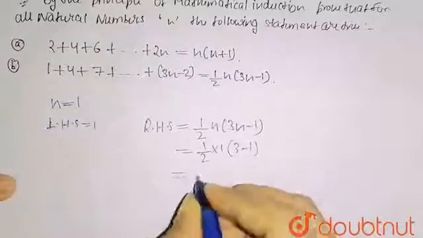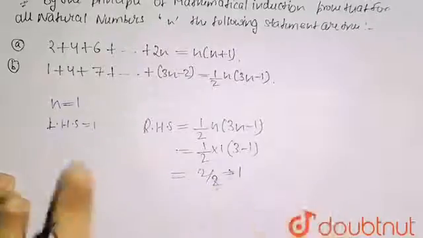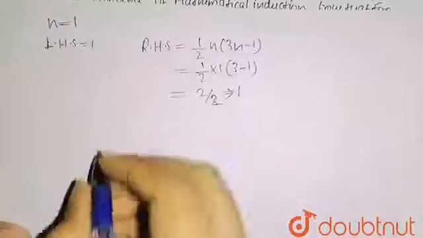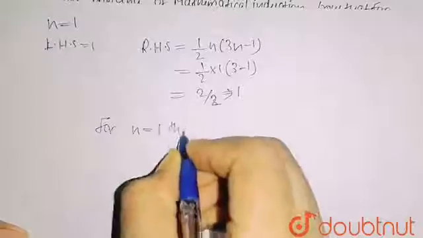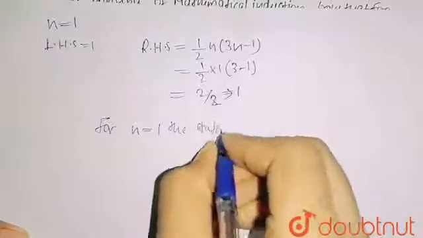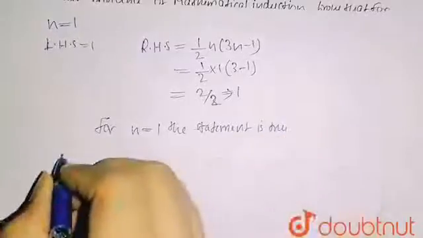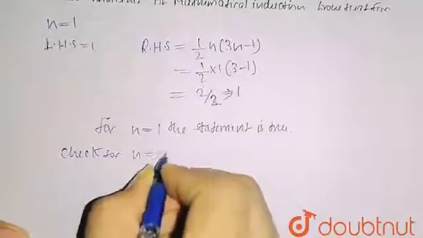So what I will get? 2 by 2. 2 by 2, it means it is equals to 1 only. So my LHS is coming equals to RHS. It means what? That for n equals to 1, the statement is true. So check for n equals to k.